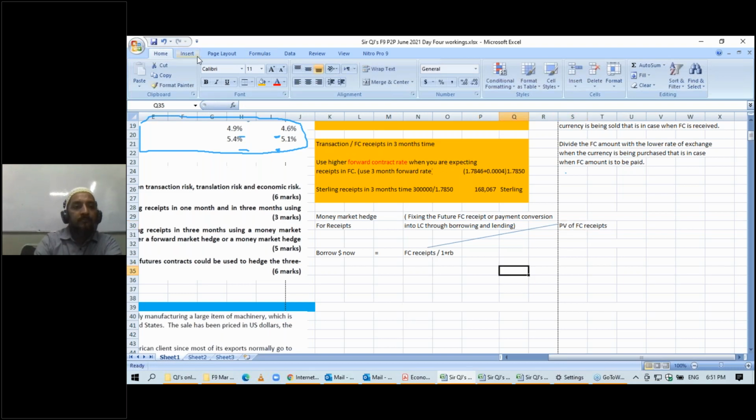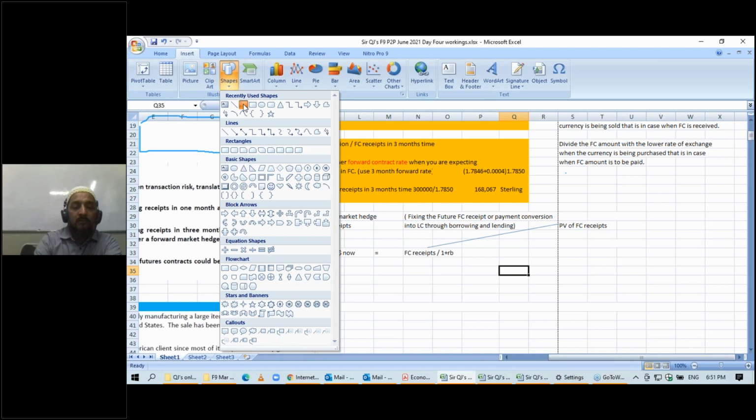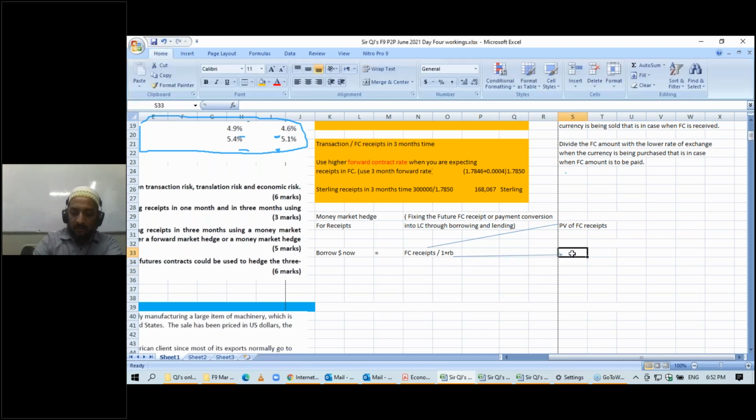Now, what does RB stand for? RB stands for the borrowing interest rate. Further, interest rates given in the question can be in local currency and foreign currency both. So what rate will you be using?